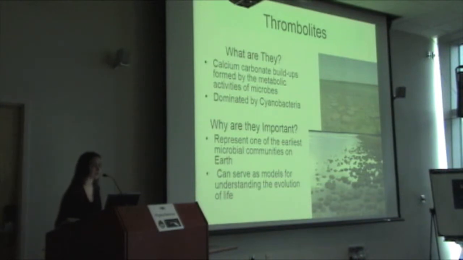The cyanobacteria are able to precipitate out carbon as calcium carbonate, and so the thrombolites are rock-like structures that have a clotted formation.